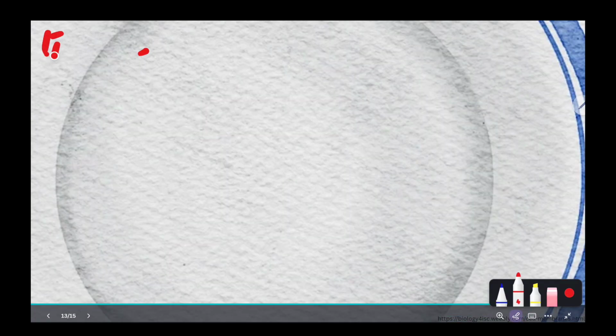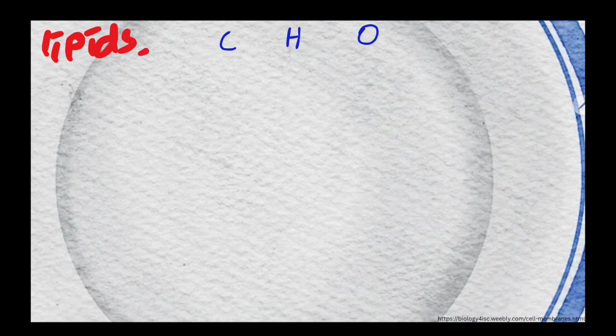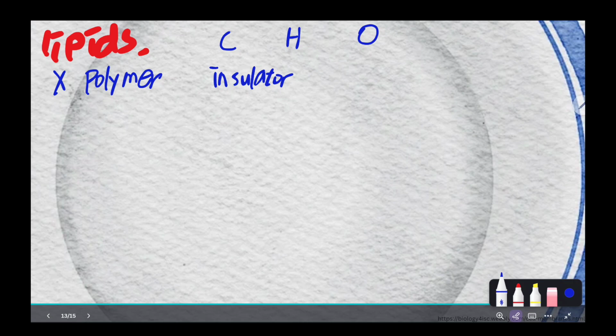We learned about lipids. First, it was made of carbon, hydrogen, and oxygen. It was also not a polymer, and it was an insulator. There was saturated and unsaturated.